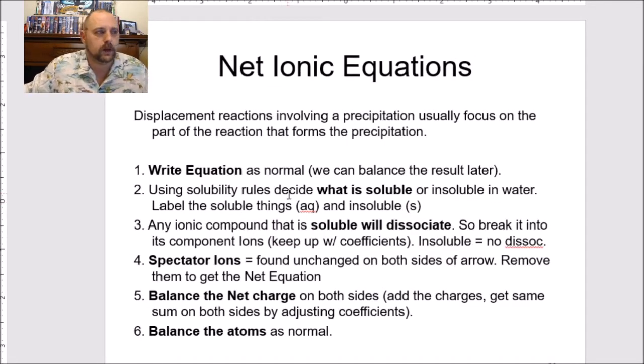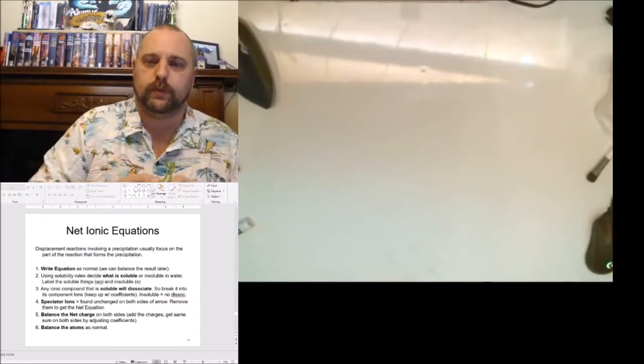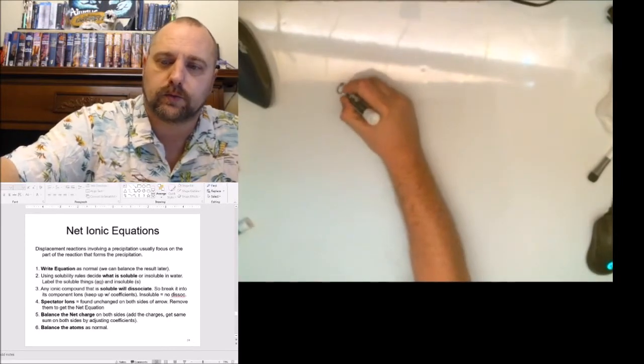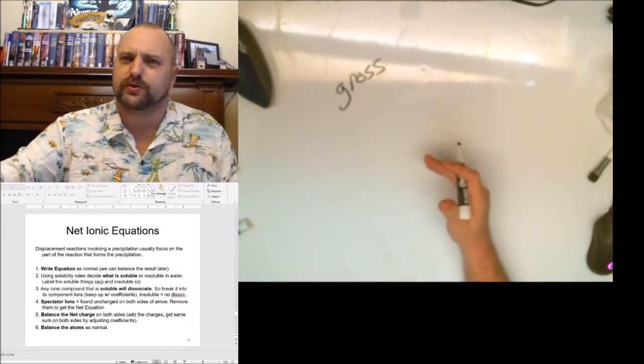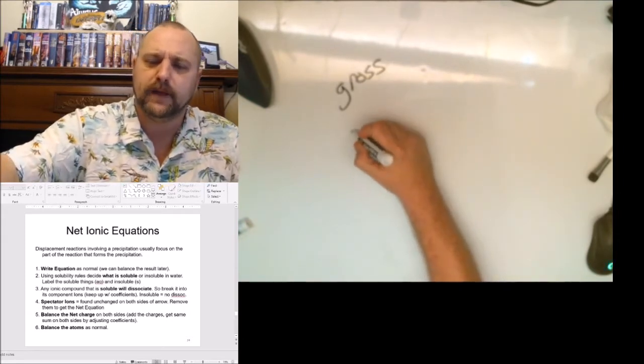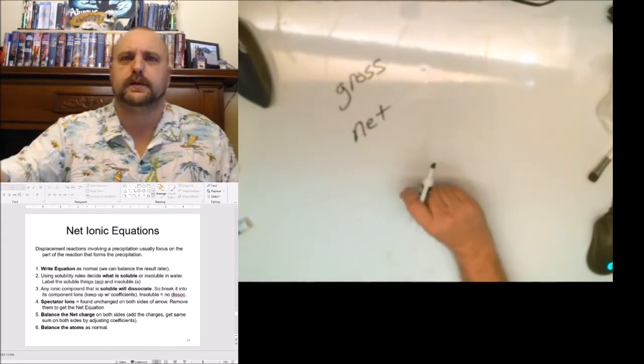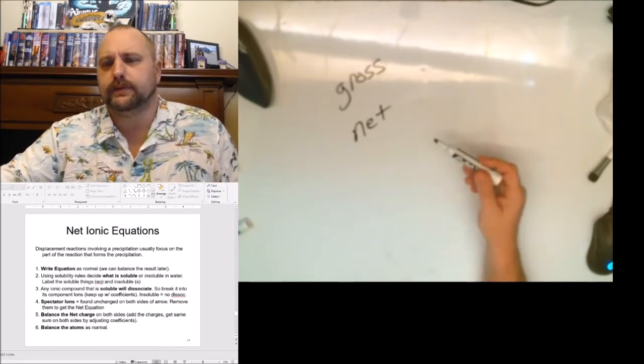Whoa, man, this is a big long one. Man, oh my gosh, what is a net ionic equation? Well, when you do your paycheck, you get your gross, which is how much you earned, how much you should have got paid, right? And then you get your net, and that's how much you have left.